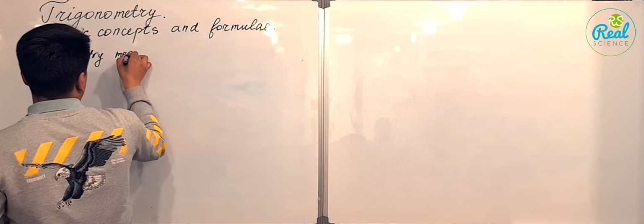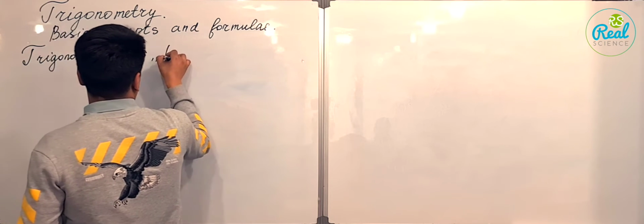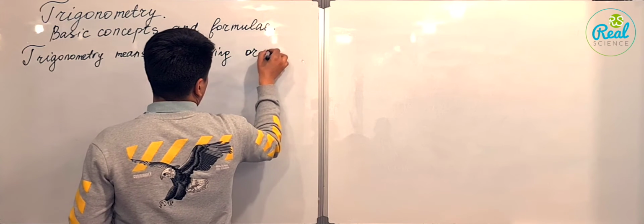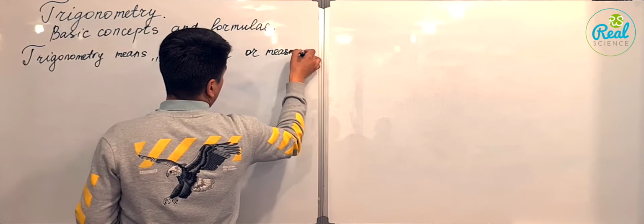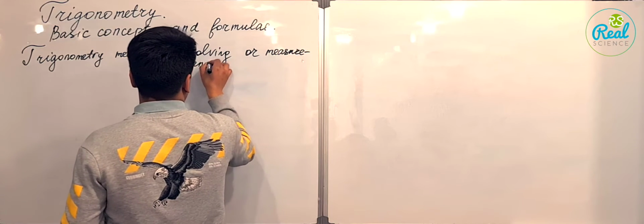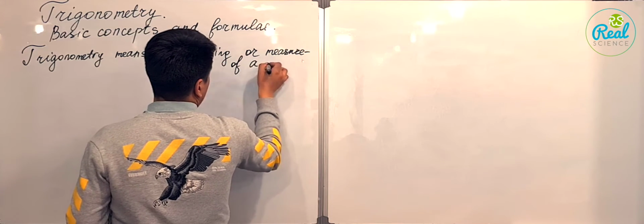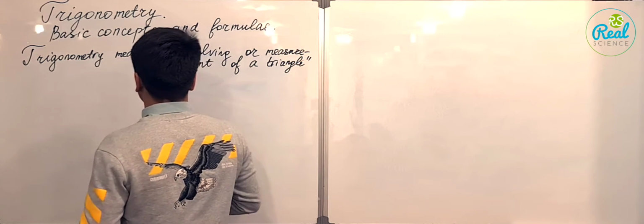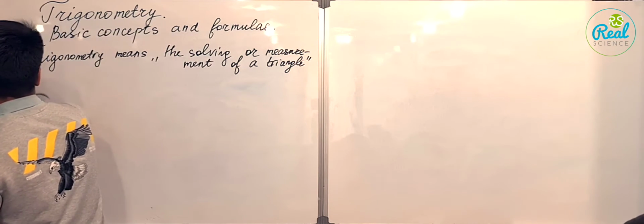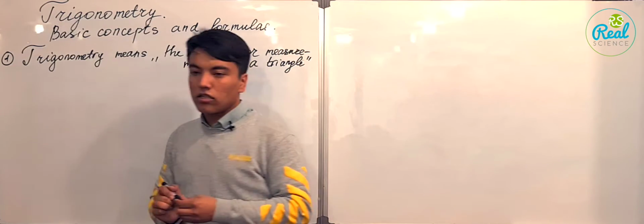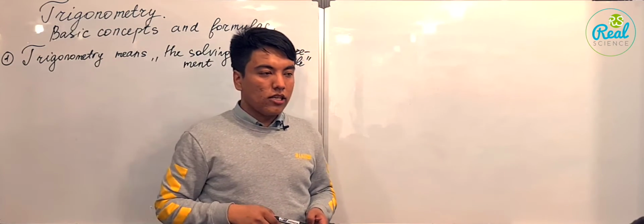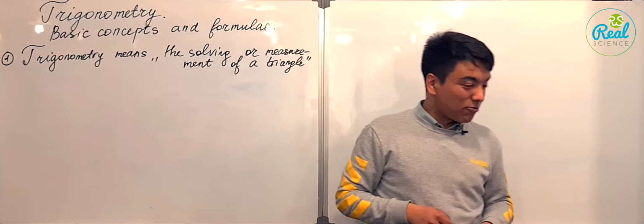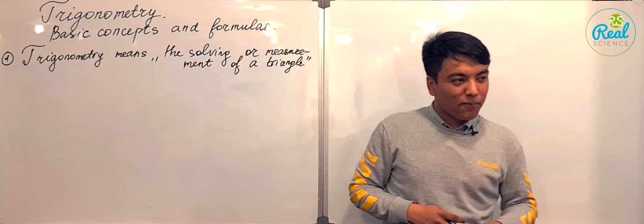Trigonometry means solving or measurement of a triangle. Okay, this is the first one of today's lesson. This is actually the definition or translation of the word trigonometry. Am I right, genius? Yeah?